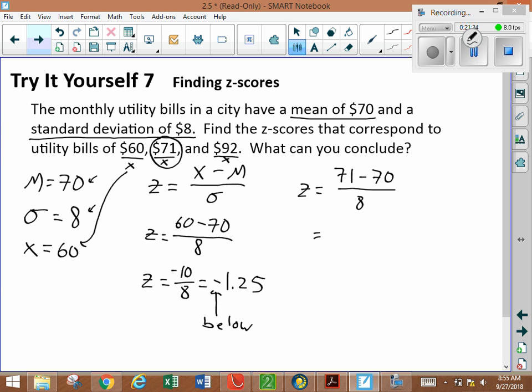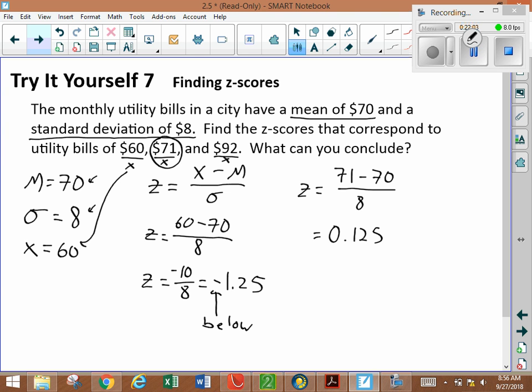I'm just going to put it in my calculator. 71 minus 70, the entire quantity, divided by 8 is exactly 0.125. So this one is 0.125 standard deviations above the mean. Because it's positive, it's above the mean.